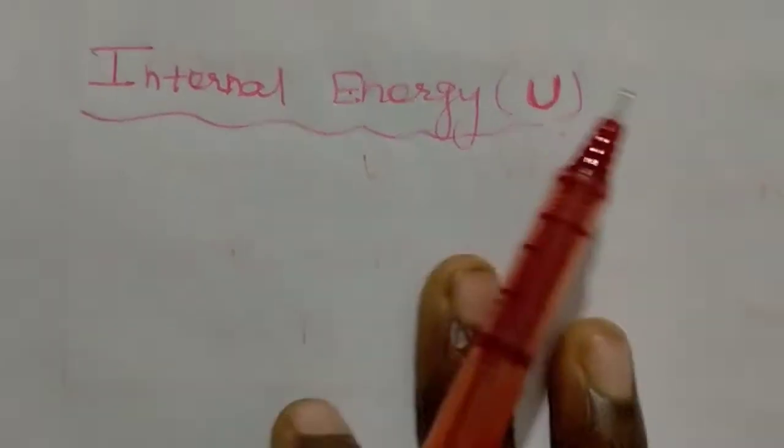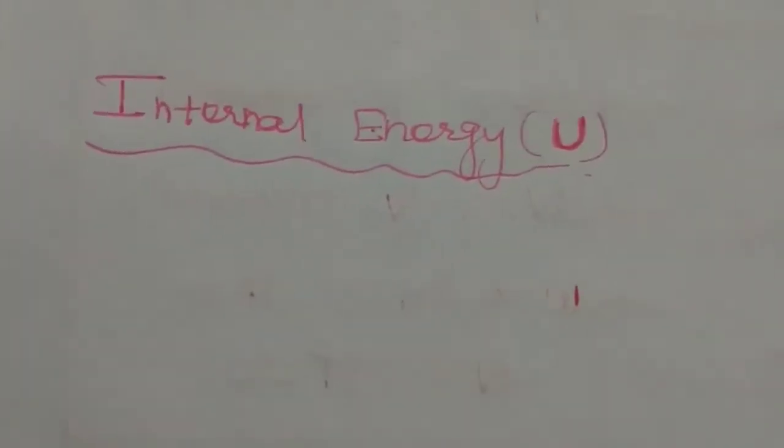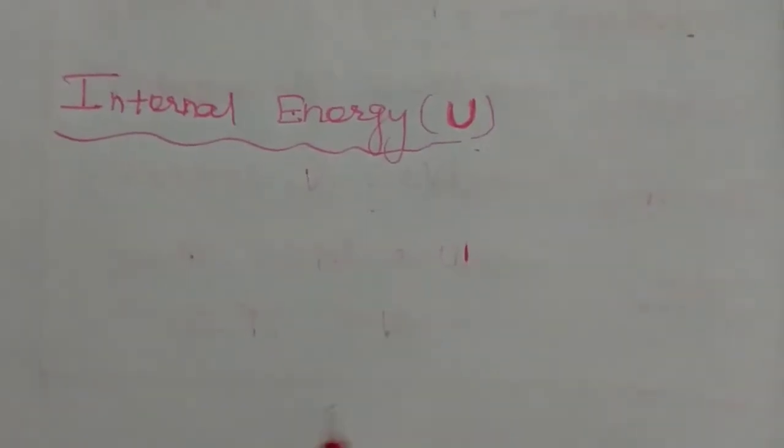Internal energy is a characteristic property of a system. So it is a characteristic property, that means one of the physical properties of a system. It's not a chemical property, it is a physical property of a system. Then how do we find the internal energy of a system?